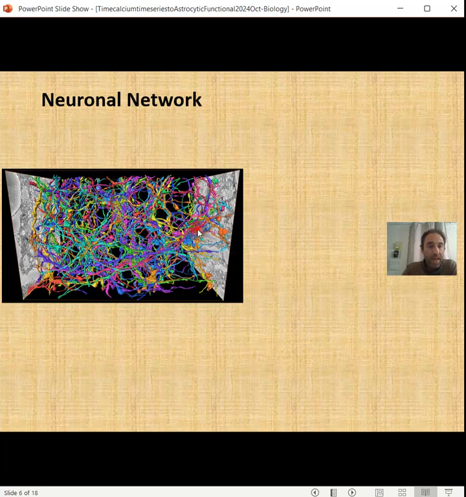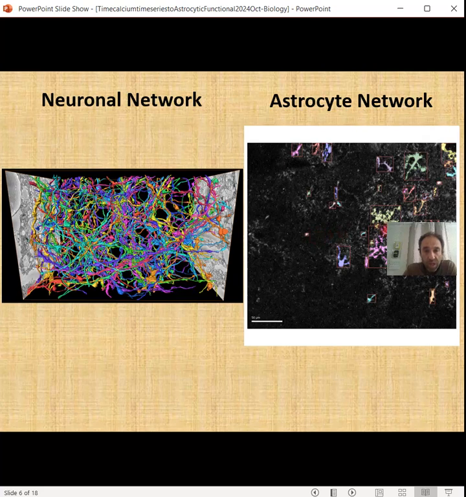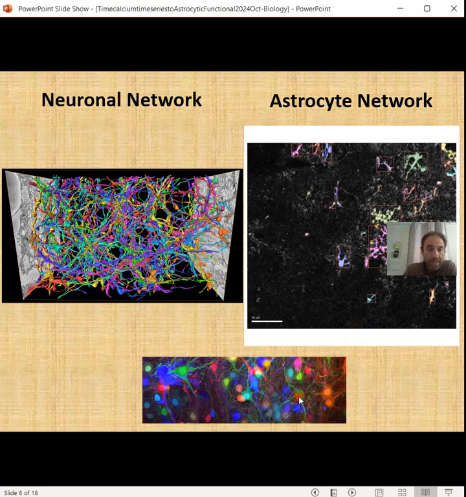This is opposed to neuronal networks where neurons are really intermingling all the time, creating connections between them. Here with this reconstruction of astrocytes from calcium imaging, you can see that they are really separated. And with this anatomical view you can see that they have these protrusions that can project, not necessarily directly to the closest one, but a little bit further away.